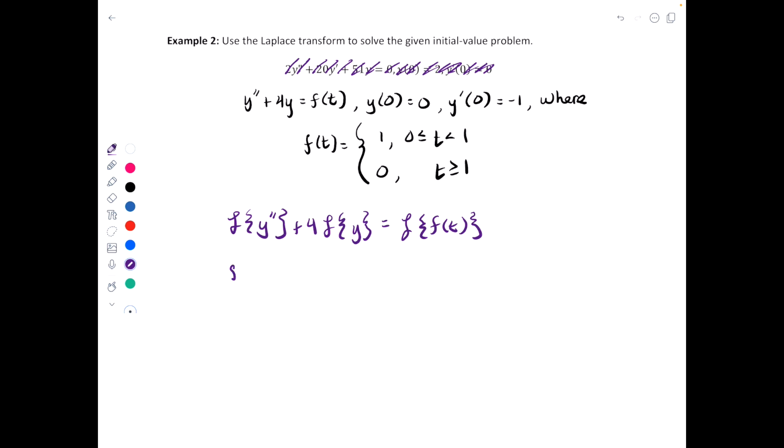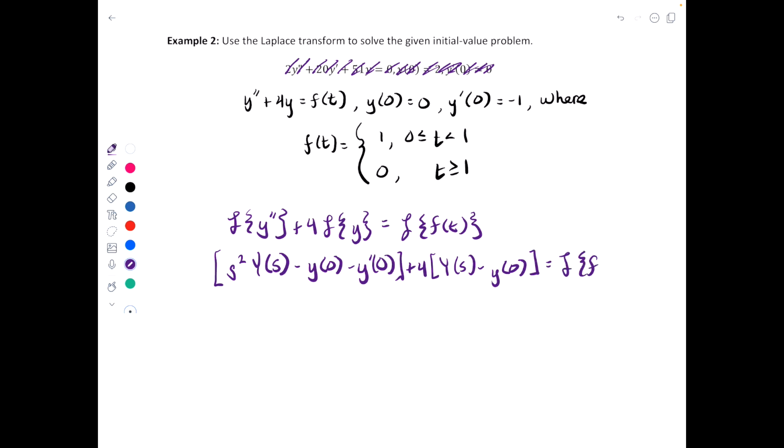So then we'll have s squared times capital Y of s, minus y of 0, minus y prime of 0 for the first portion, plus 4 times, we'll just get Y of s minus y of 0, equals L of f of t.